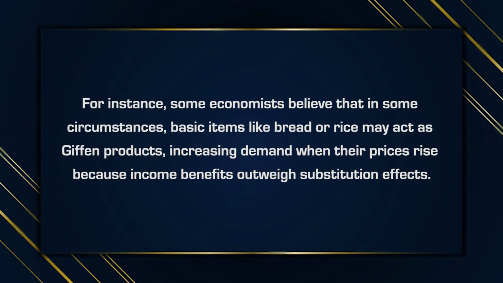For instance, some economists believe that in some circumstances, basic items like bread or rice may act as Giffen products, increasing demand when their prices rise because income effects outweigh substitution effects.